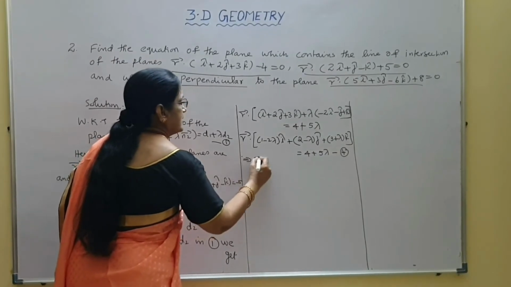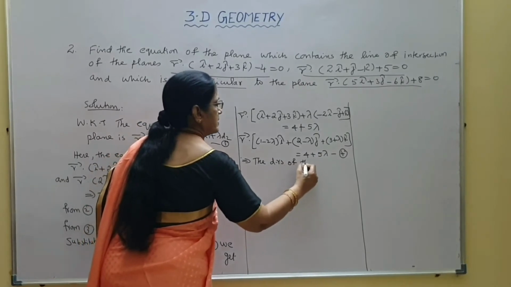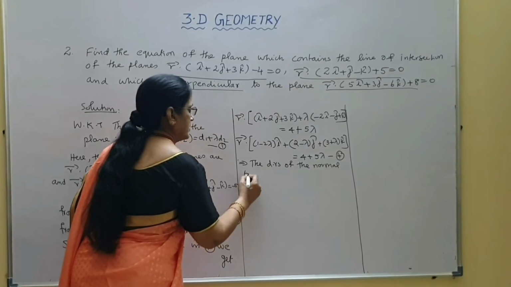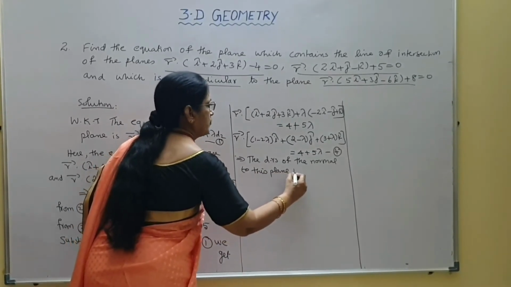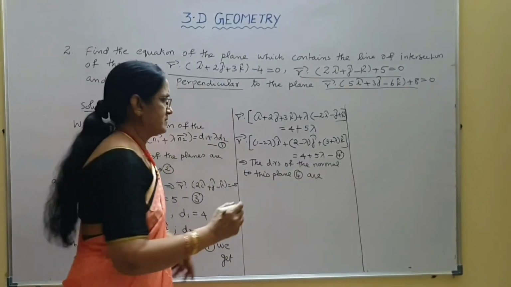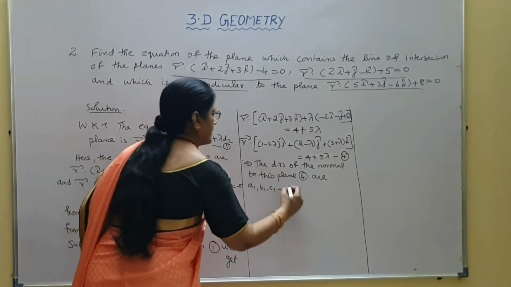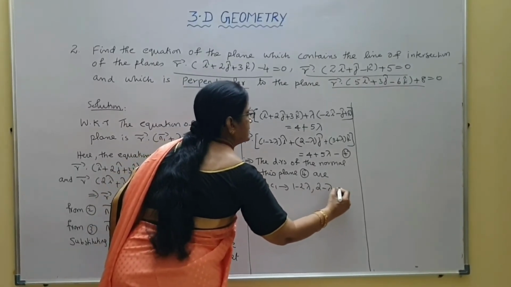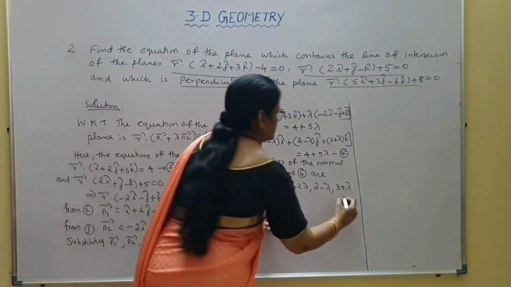This implies the direction ratios of the normal to this plane, let us take it as A1, B1, C1, are nothing but 1 minus 2 lambda, 2 minus lambda, 3 plus lambda. Let me name this as 5.